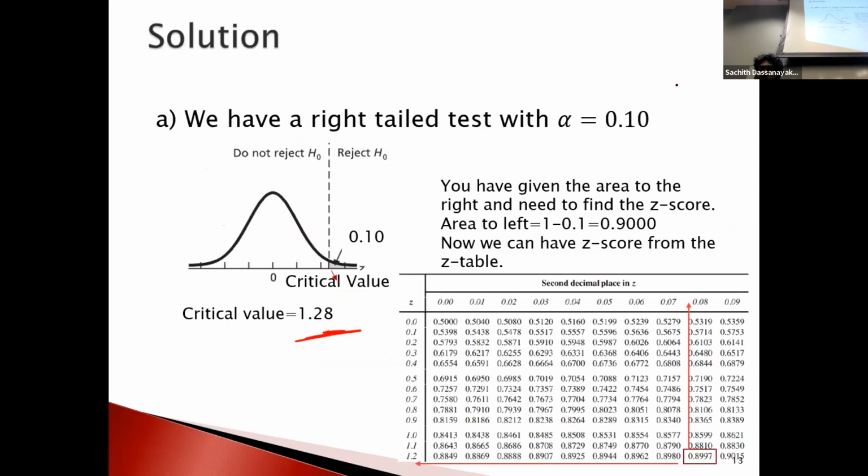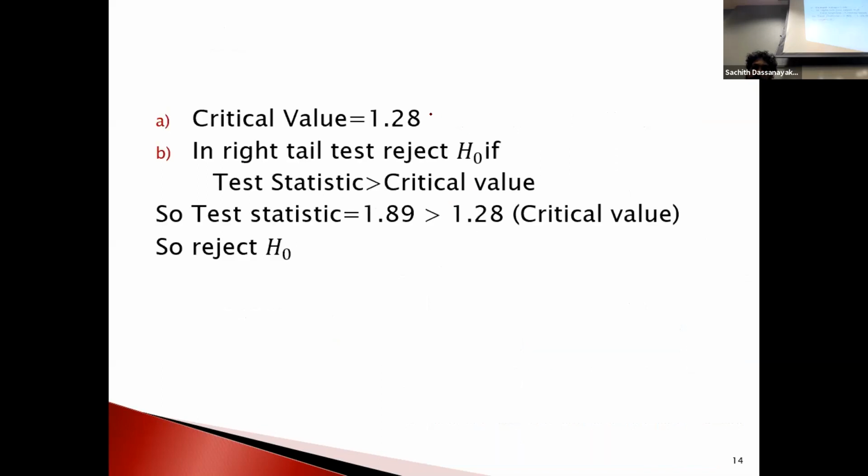You can check this later. This is something we did in chapter 6, so I'm not going to explain this. I assume that you can do that. Please try it because you need that for your mid exam 3 as well. So the critical value is this one. Your test statistic value is greater than the critical value, so you reject H naught.